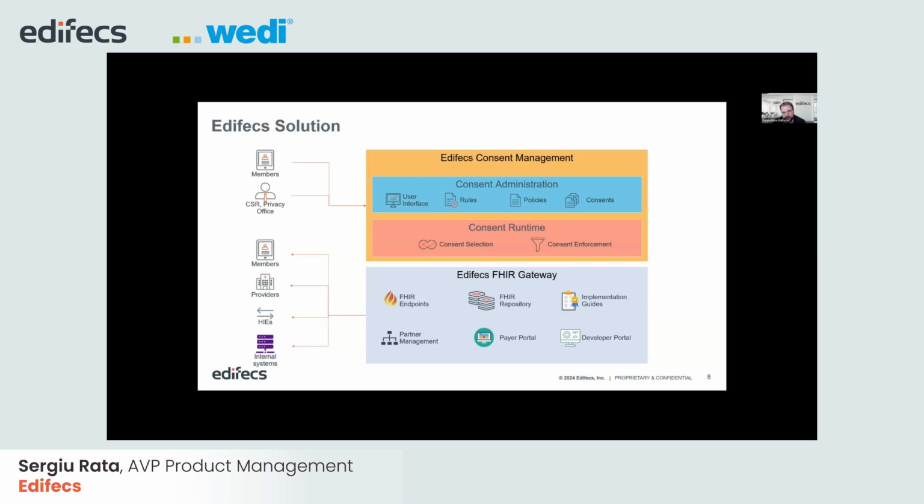But on top of this FHIR gateway, we developed consent management. Consent management consists of two parts. One is the user interface, what we call consent administration. It's a portal, primarily for the members themselves or the payer representatives.